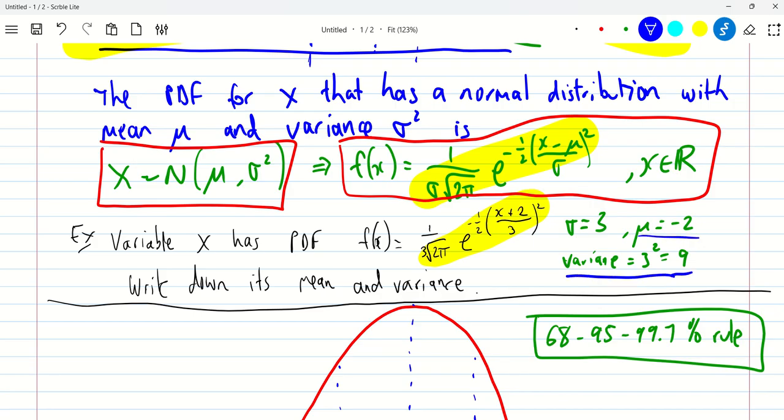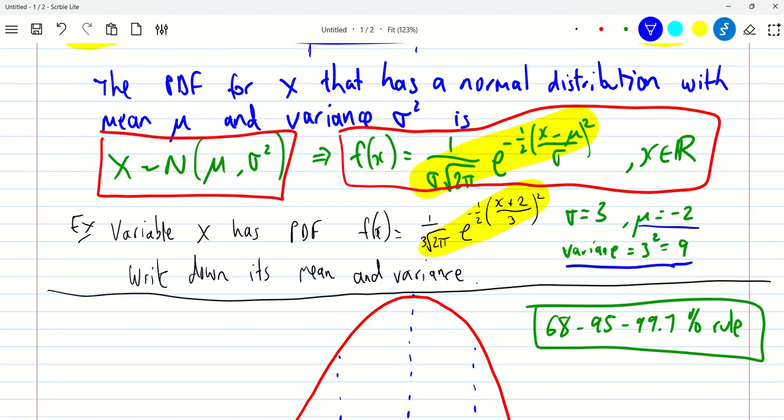Mu is -2, and variance is 9. Hope that makes sense. You can see how the mean and variance are employed in a PDF function. Now, you never have to use that formula because our calculators already have that function built into them whenever you do a normal distribution question, which you'll see in the next video. Very simple, but it's good to know that formula so you know where it comes from.